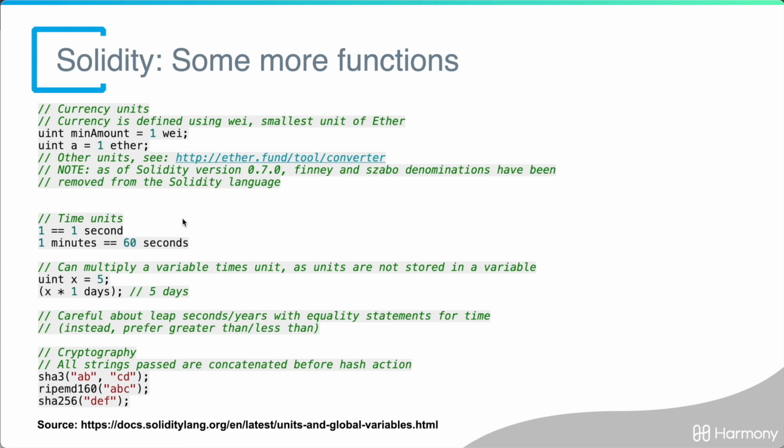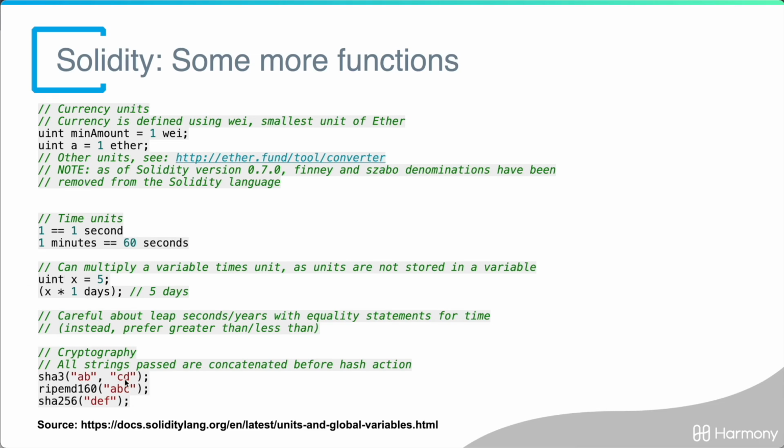Originally, there were two other units, Finney and Szabo, but these have been removed as of 0.7.0, so just be aware of that. You also have access to time units, so you have seconds, minutes, hours, days, and you can do maths on these time units as well, because they're really just stored as Unix timestamps. So really, they're just stored as a special variable which represents time.